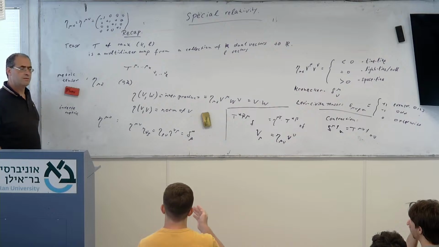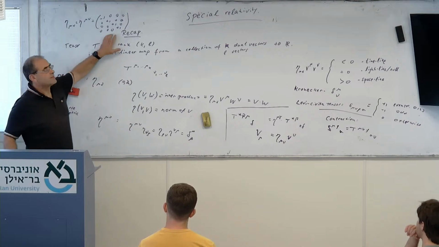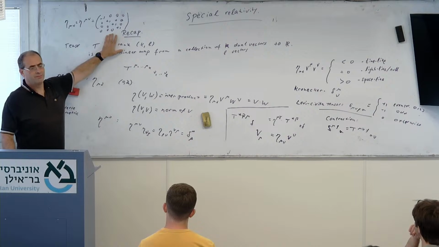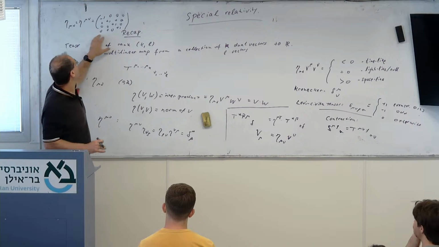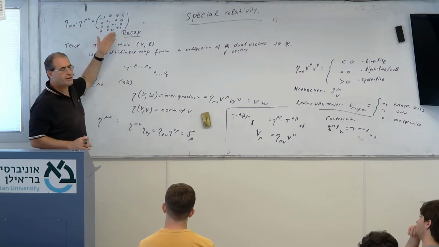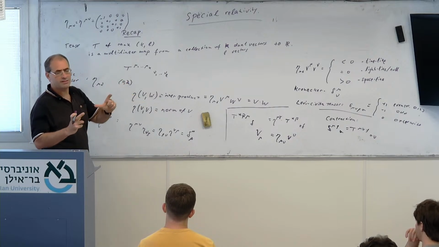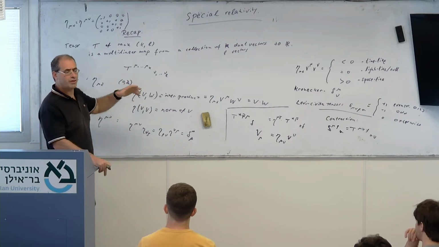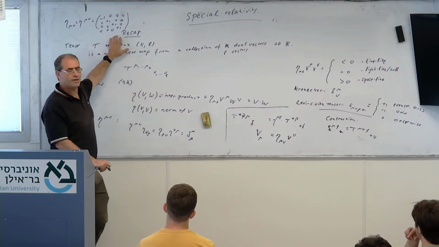The same logic works with tensors which have upper and lower indexes. It's okay. This is a way of presentation for ease of you to think of it. But the tensor itself, I cannot write it as a matrix if I have more than two indexes. If I have one index, I can write it as a row vector or column vector. If I have two indexes, I can write it as a matrix. If I have more than two indices, I cannot write it in a simple way like that.